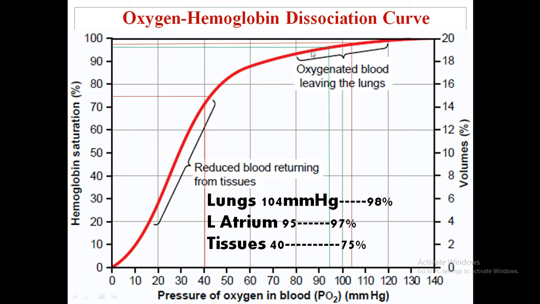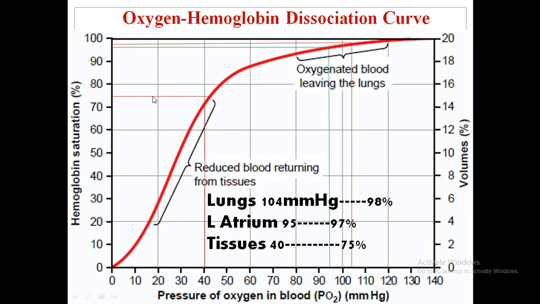Then from the left atrium, it enters the systemic circulation to reach the tissue level, where it has a partial pressure of 40 mmHg with a saturation of 75%. And from the tissues, again the venous blood comes to the right side of the heart, then the lungs and the left atrium. So the cycle is repeated.